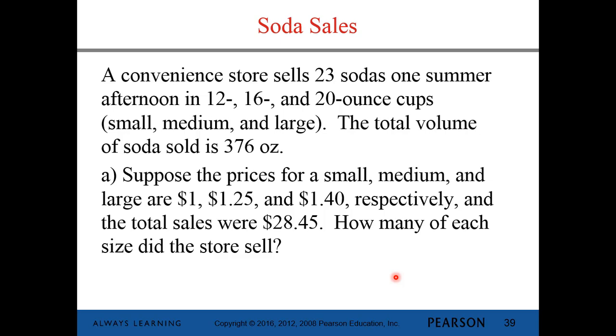So we've got everything we need to create 3 equations with 3 unknowns, which is the number of smalls, mediums, and larges that were sold. Okay, so let's use the constraints. We know that there were 23 sodas sold, the total volume was 376 ounces, and the total sales is $28.45.